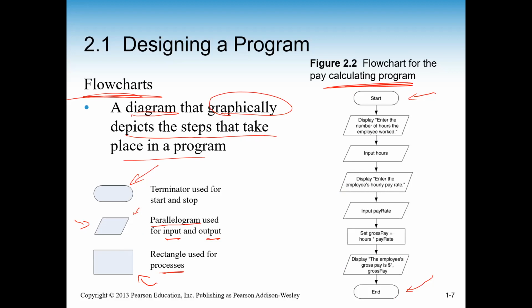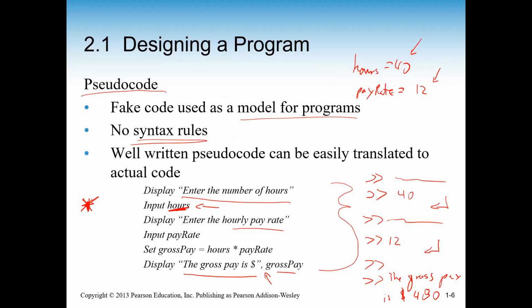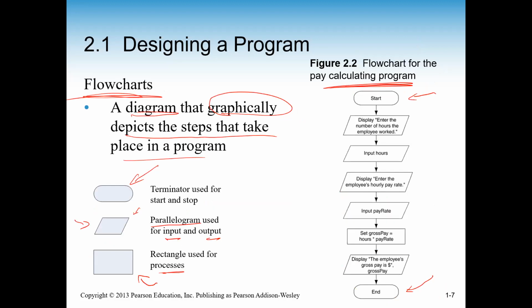So if we look at the previous example, that was our first program in pseudocode. We can see here the flowchart, and I'll just point out a few things. Notice that this program really only has one rectangle, so that means that's the process.